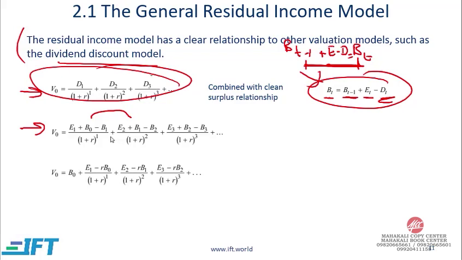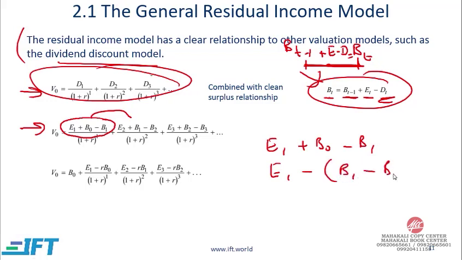Then notice if you take this expression over here, E1 plus B0 minus B1, using basic algebra, this can be written as E1 minus (B1 minus B0), and B1 minus B0 is the change in book value.